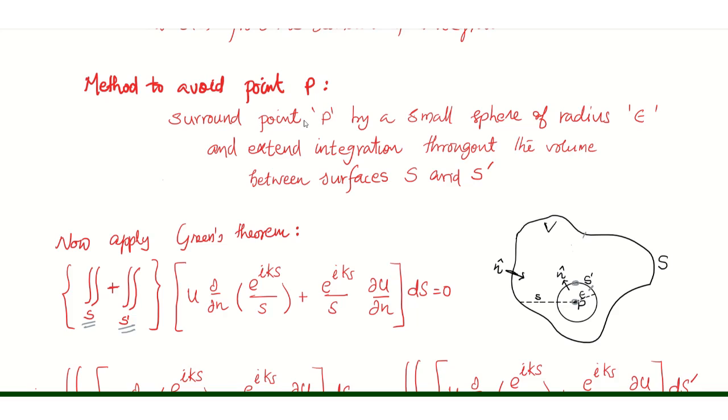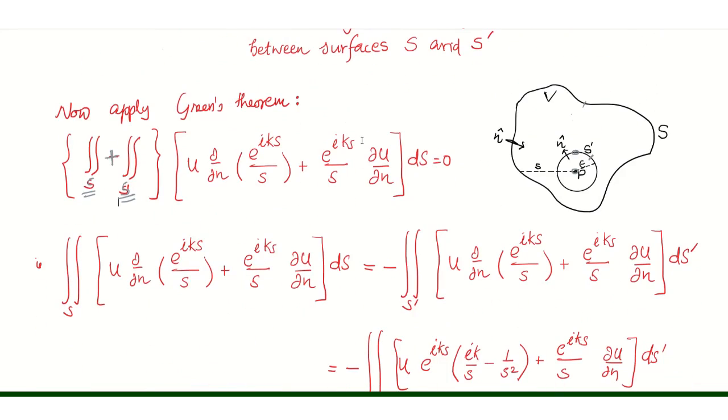And that's why Green's theorem now has, on the left hand side, two integrals, one on the surface S and one on the surface S prime. If you do that, you take the second surface to the right hand side. This is around S and this is around S prime, and the integrand remains the same on both sides.